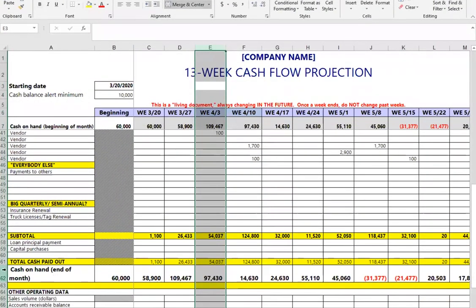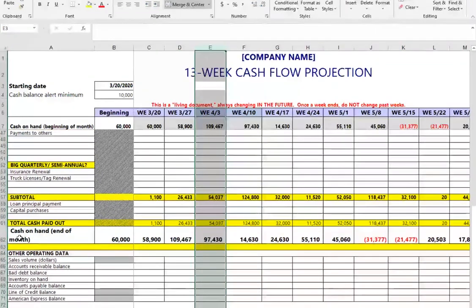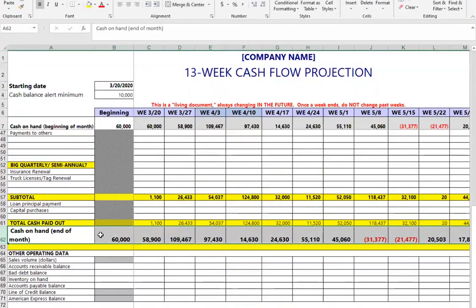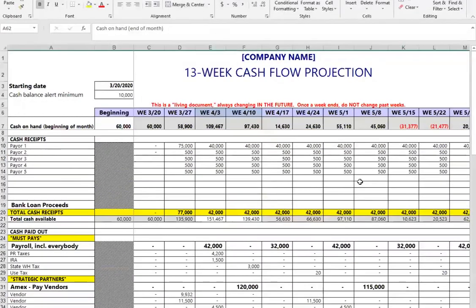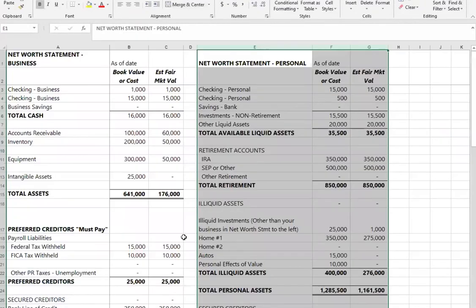And at the end, you get a cash on hand at the end of the week. And obviously we want this cash on hand at the end of the week to be black. If it's red, you have to go back and decide who can I pay or delay, or where might I get additional money.